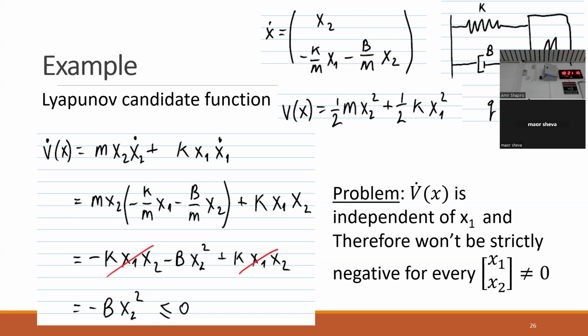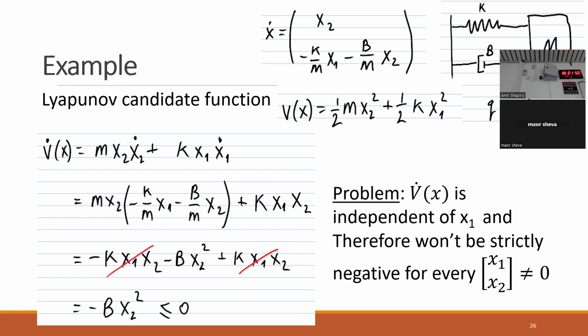Now we can substitute x1 dot and x2 dot from the dynamical system on top. So x1 dot is x2, and x2 dot is minus k over m x1 minus b over m x2, and all of this is multiplied by m x2.